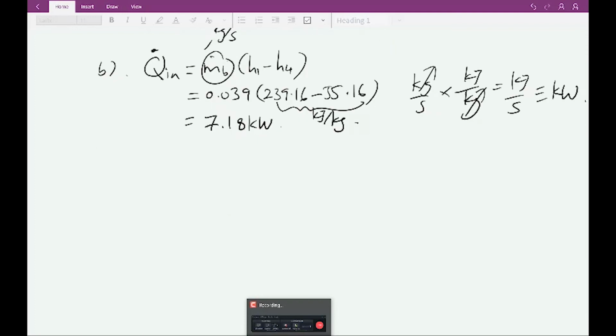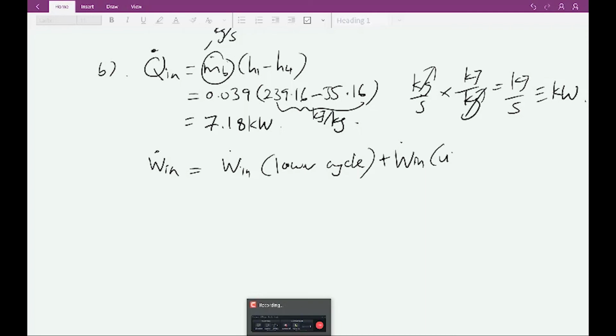And then for the same second question, we need to write the power input for the compressor. Because we have 2 compressors, we need to add the compression process from the lower cycle and also the power input at the upper cycle.